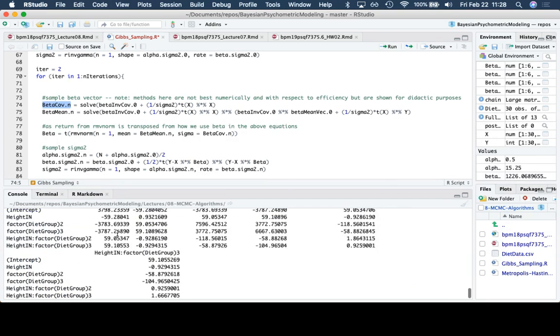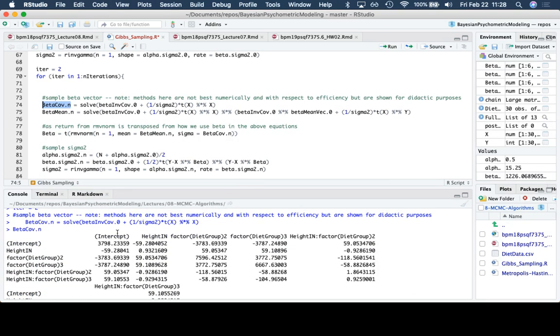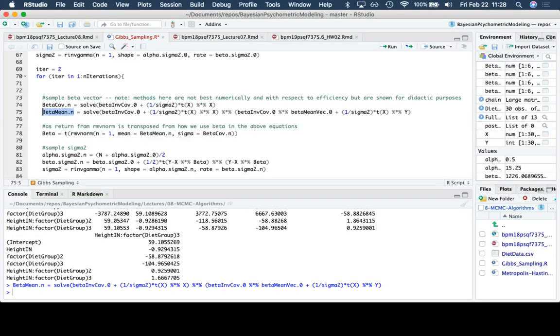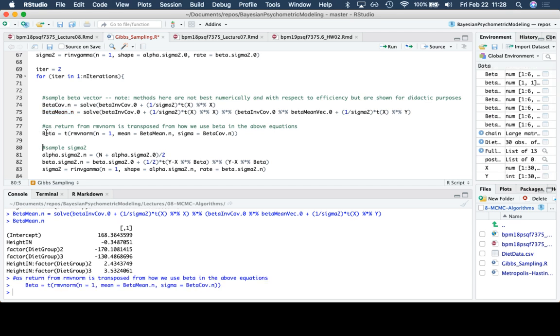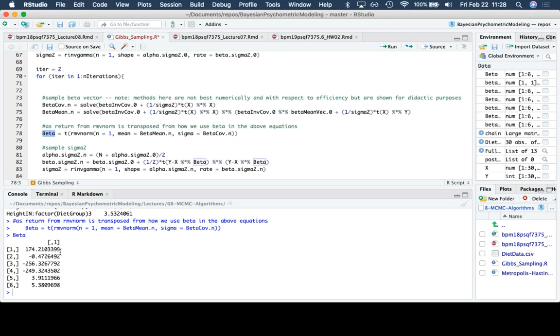And here is our set of betas, covariance matrix. You'll also note the beta mean is now different from the beta mean before, because that involves where our sigma squared happens to be. And now with that, we can go and sample a new beta. And here are our new betas. There we go, in the ballpark of where they were before, but sampling around. That's what we want to do.